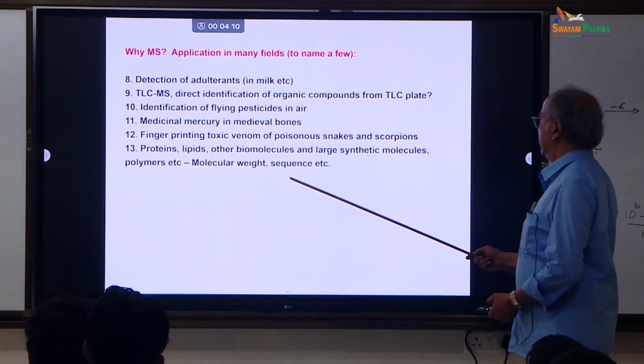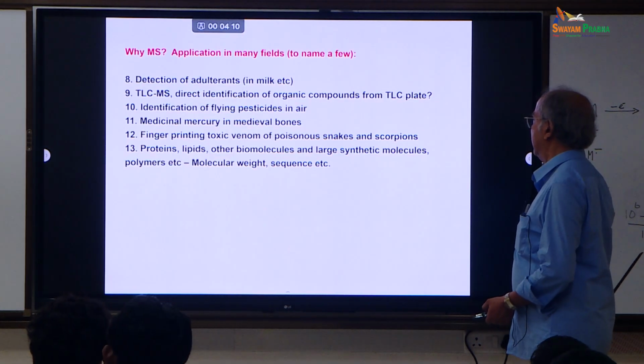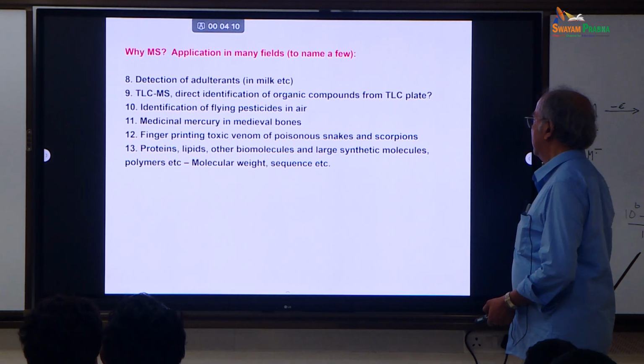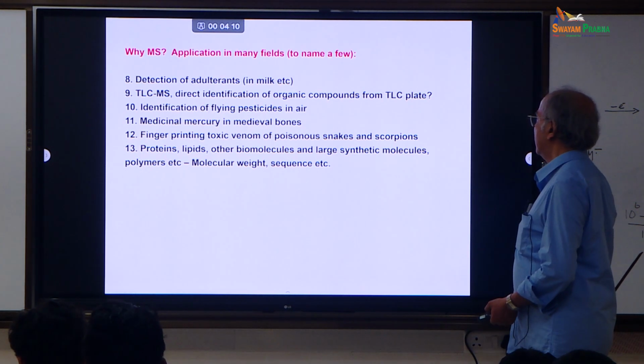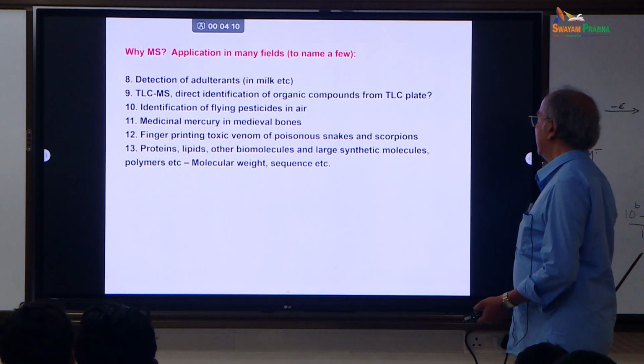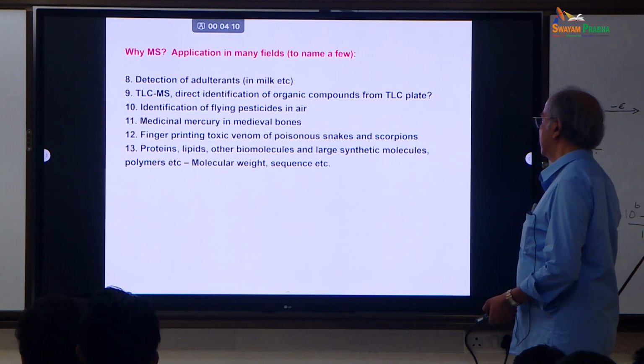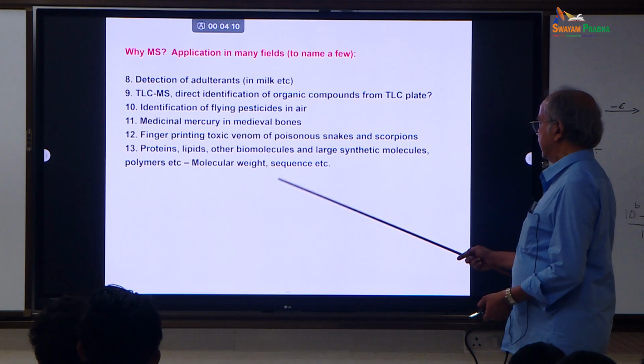It goes on. Detection of adulterant in milk, etc. TLC-MS, detection of organic compounds. Identification of flying pesticides in the air. Medicinal mercury in medieval bones. It just goes on.